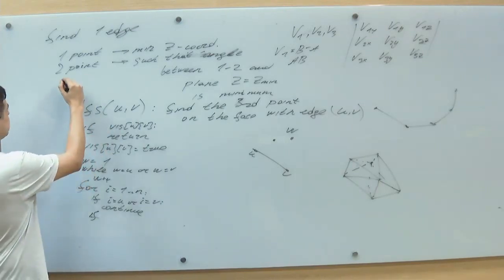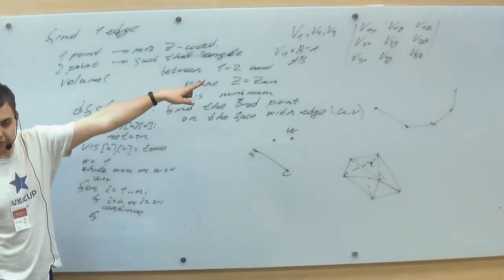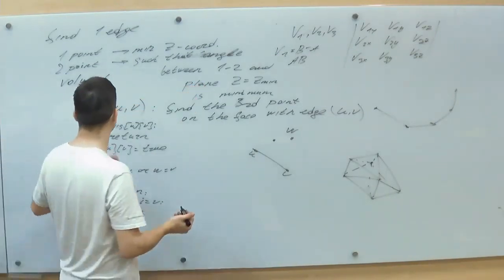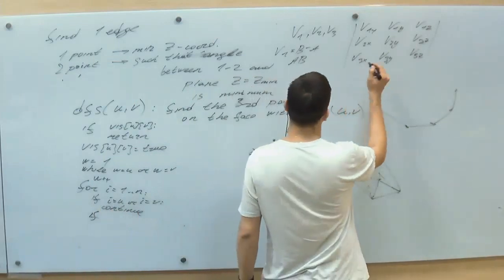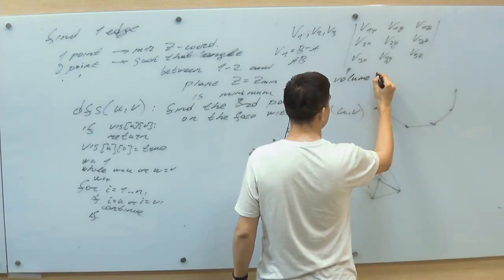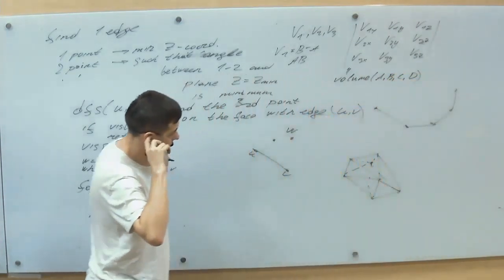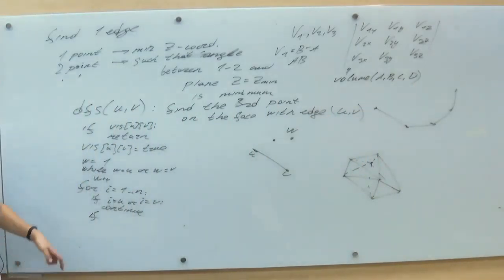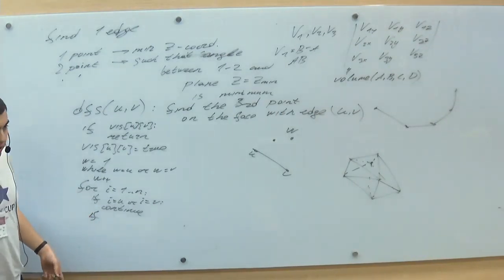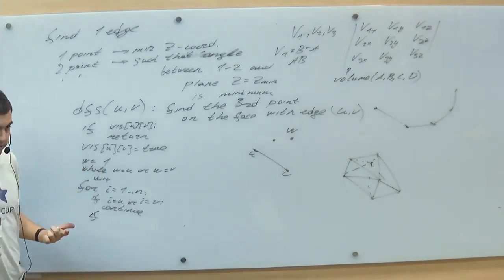I need this function that calculates that 3×3 determinant. Let's call that volume, of A, B, C, and D. So if it's greater than 0, then this point will be on the correct side of this half space, and we don't need to change our candidate.